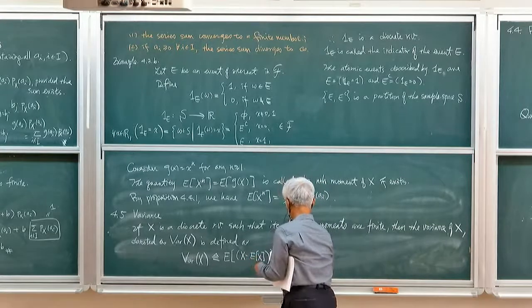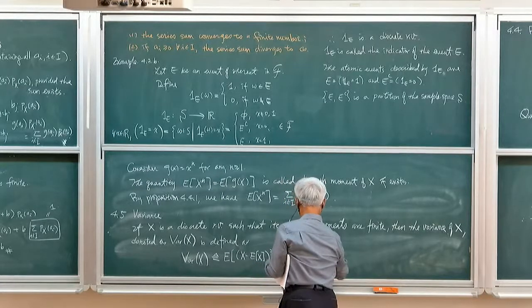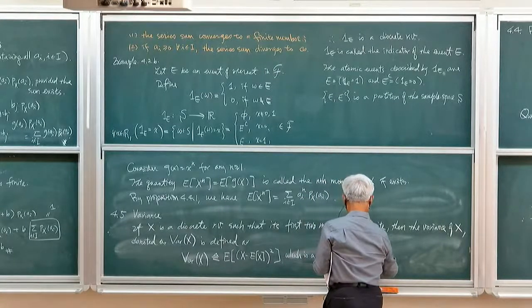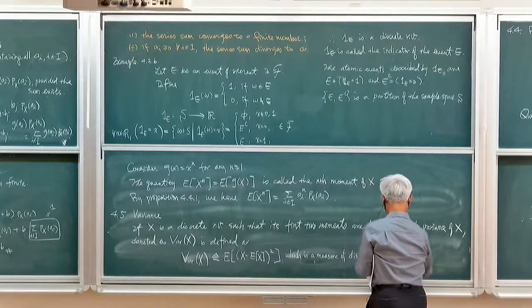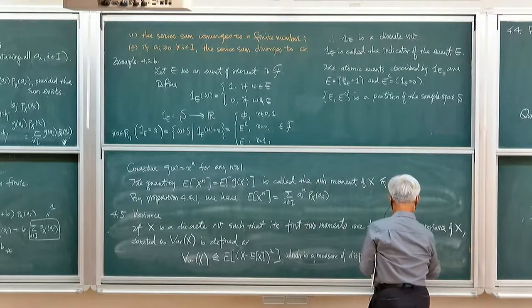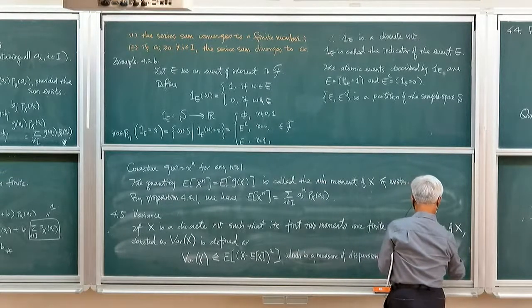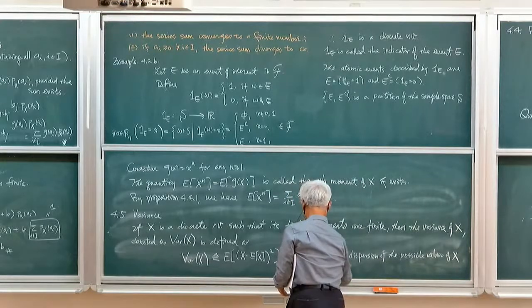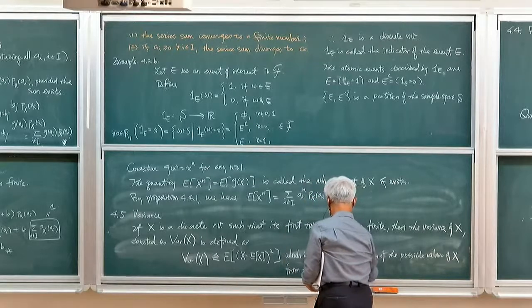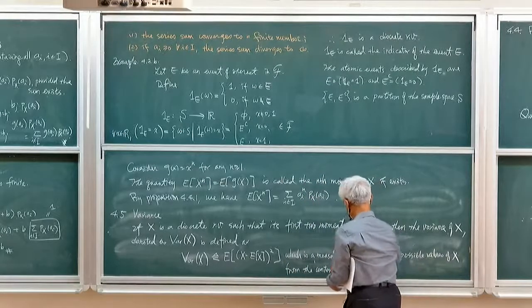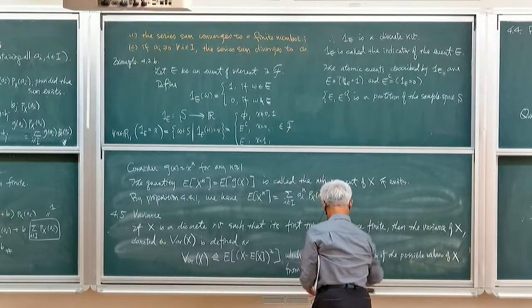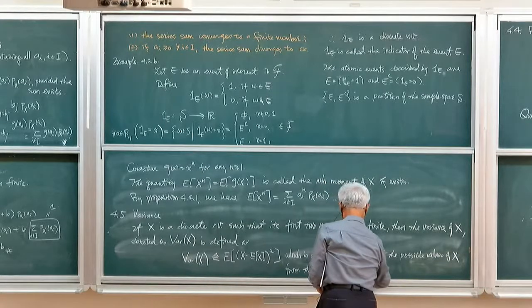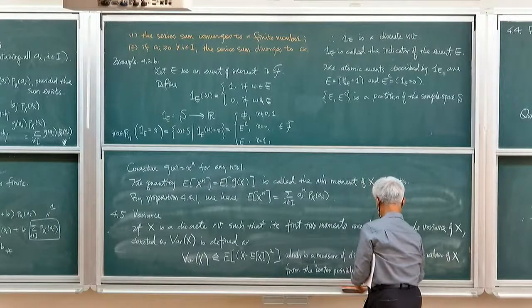So this is a measure of dispersion of the possible values of x from the center possible value, which we call E of x, okay?